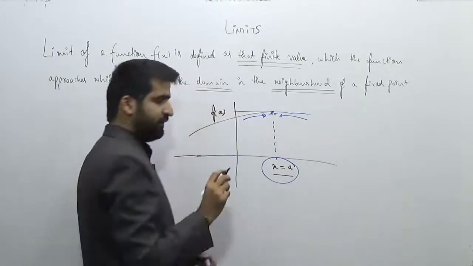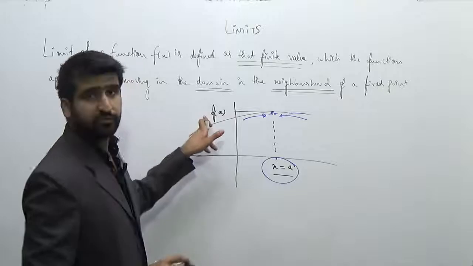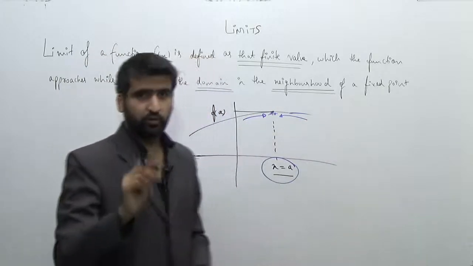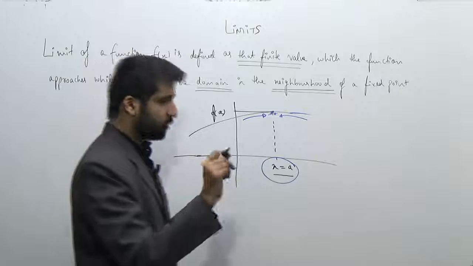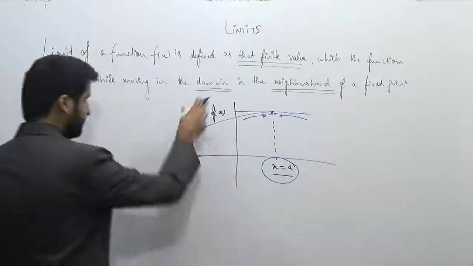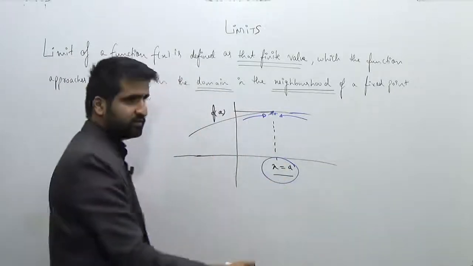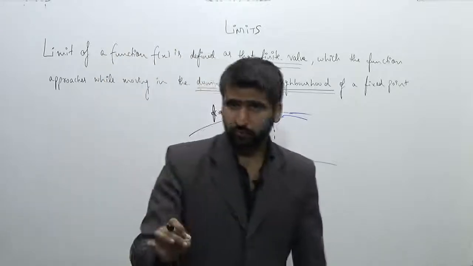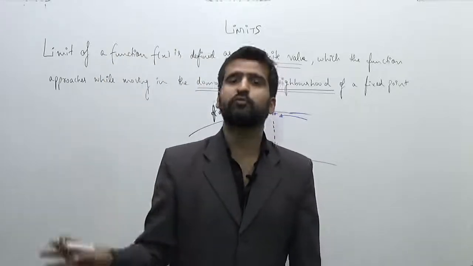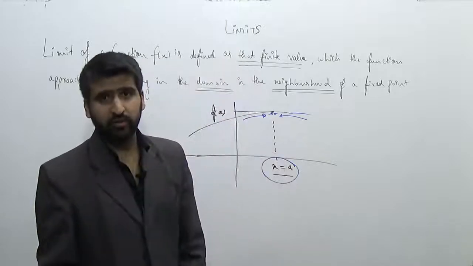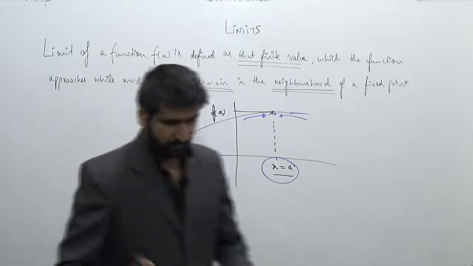So f(a) will be the limit of the function as x approaches a. Now these terms are very important: approaching, neighborhood and domain. We cannot talk about limits if the point we're talking about is out of the domain of the function. If the point is not in the domain, we cannot talk about the limit.